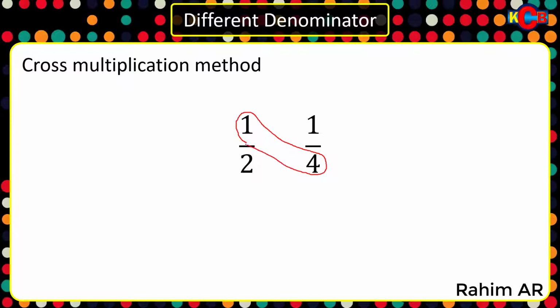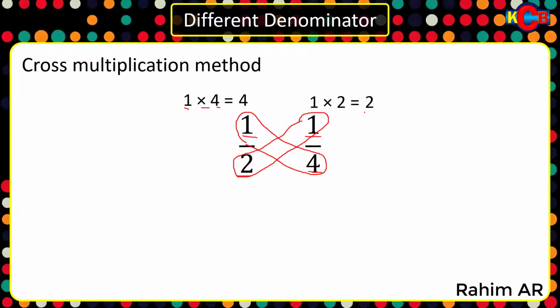We multiply between 1 and 4. Here, 1 and 4. 1 times 4 equals 4. The answer is 4. Next, we do the cross multiplication like this. Starting from here, 1 and 2. So, 1 times 2 equals 2.